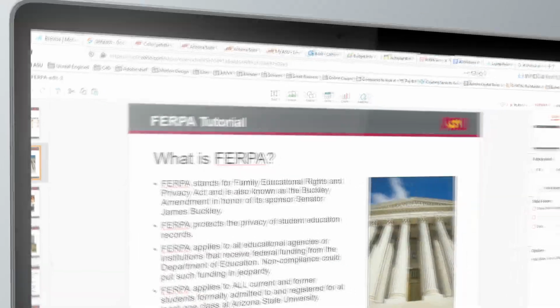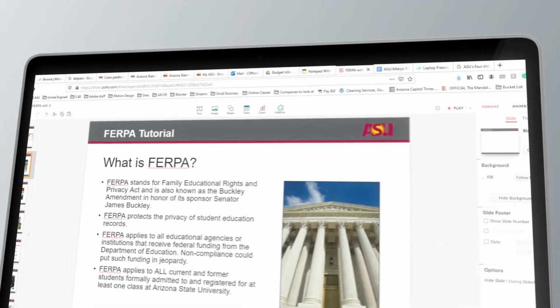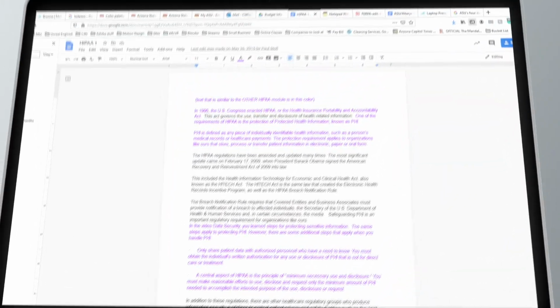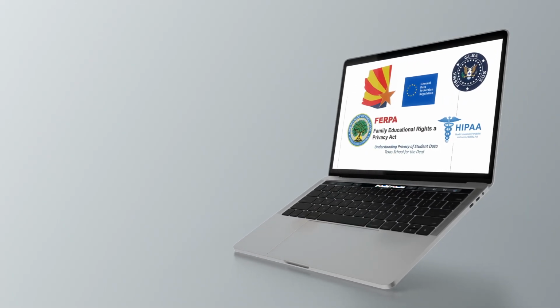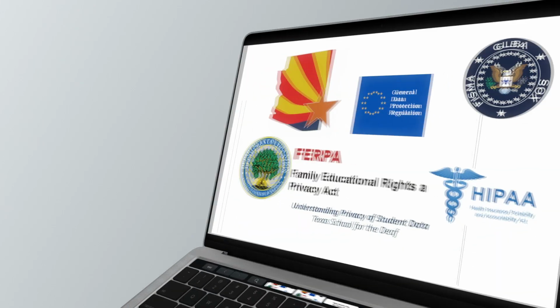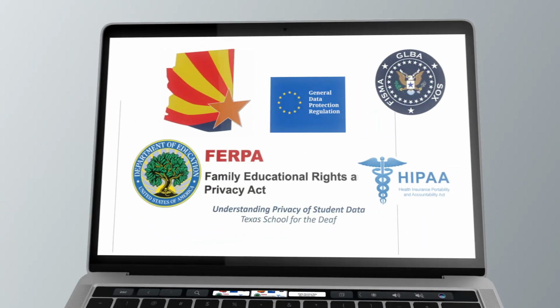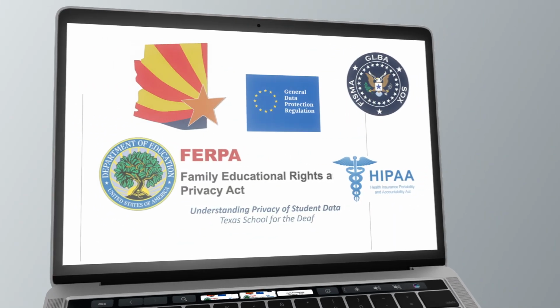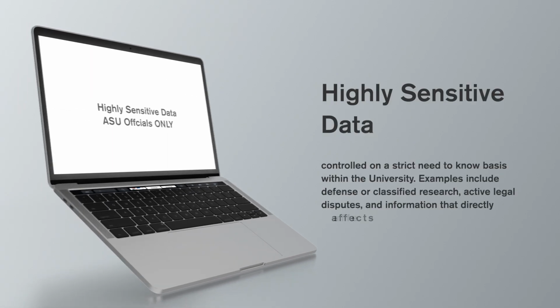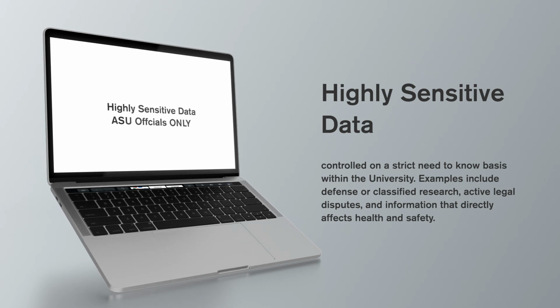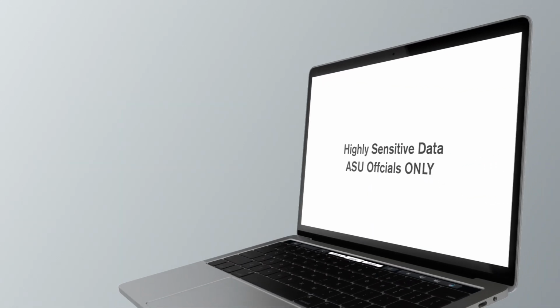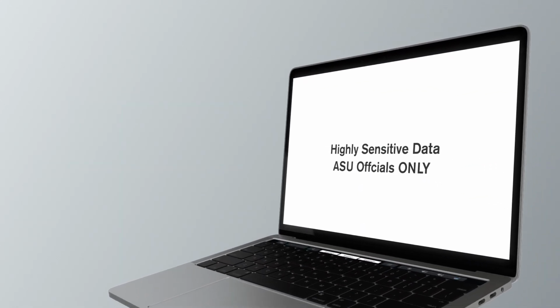Examples include intellectual property, details of research proposals and protocols, and information governed under regulations such as FERPA, HIPAA, and GDPR. Highly sensitive data is controlled on a strict need-to-know basis within the university. Examples include defense or classified research, active legal disputes, and information that directly affects health and safety.